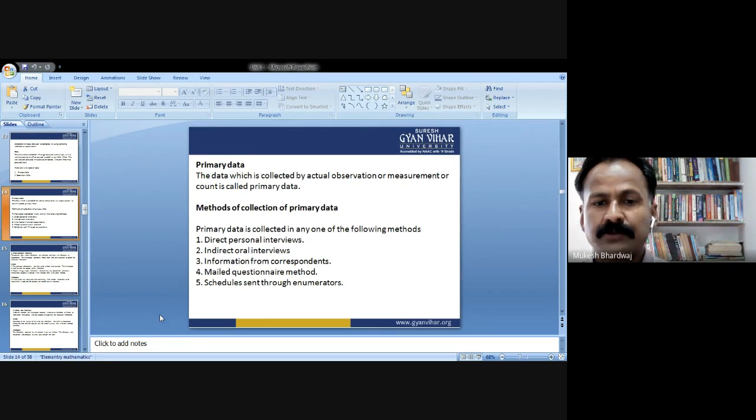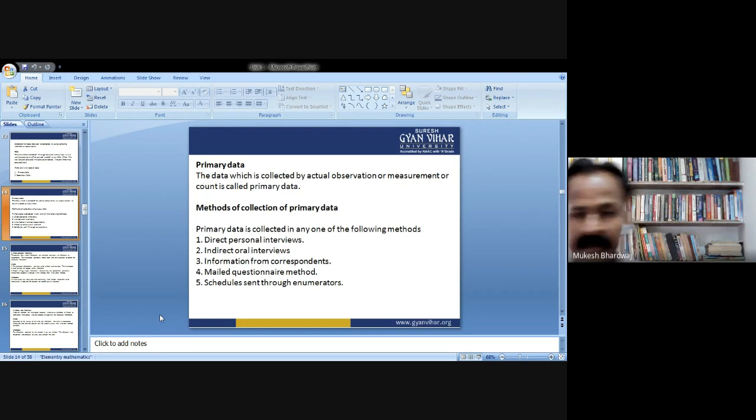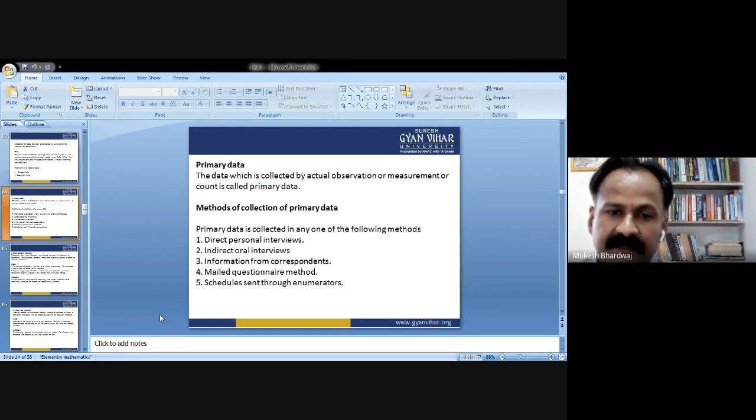Fourth one is the mailed questionnaire method. As the name suggests, it is a mailed questionnaire method. Many times you must have seen a survey type where some questions are mailed and we need to answer those questions. On the basis of the responses recorded, they maintain some records or data, and on the basis of that data they apply statistical theory to predict the situation.